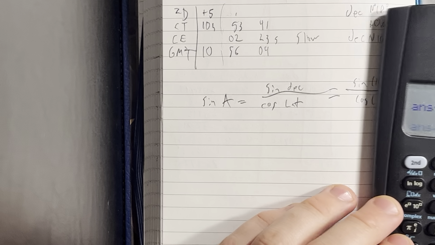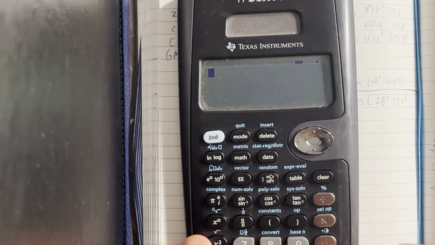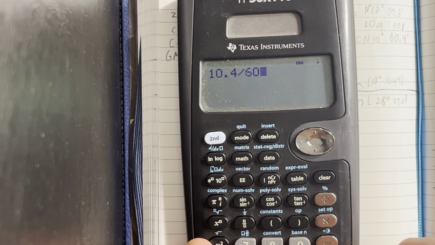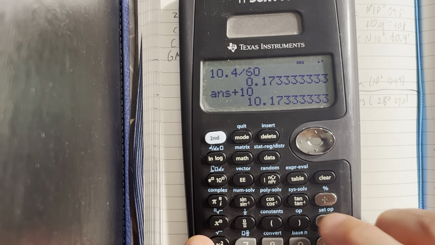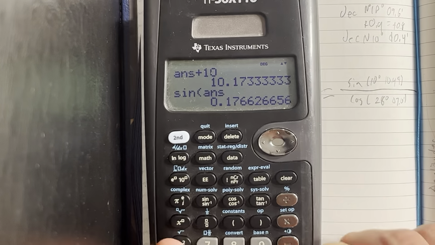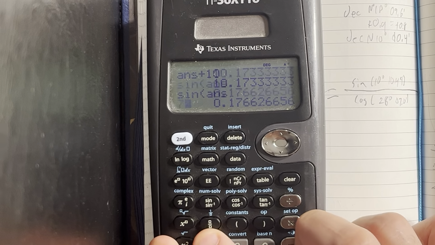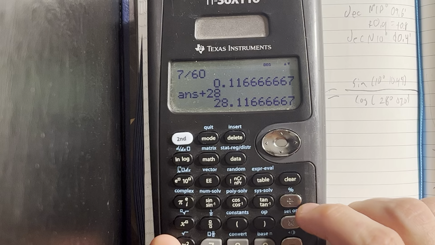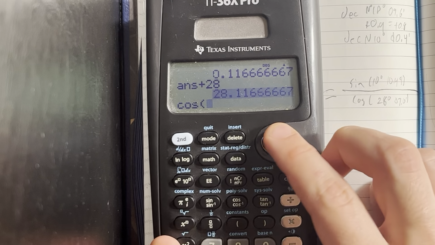So let's see. 10.4 divided by 60 plus 10. Then we'll take sine of that, and that gives us the numerator. Then 7 divided by 60 plus 28. We'll take the cosine of that.